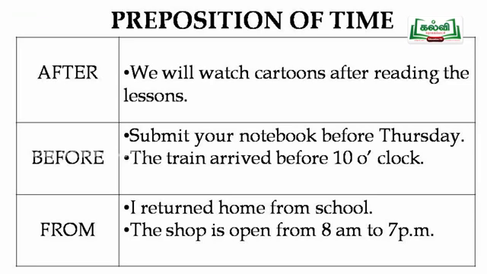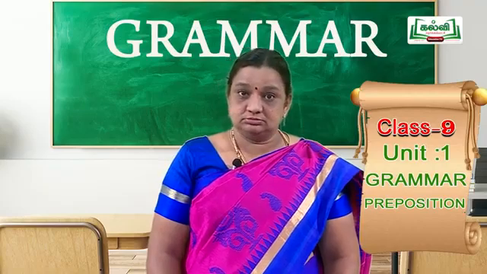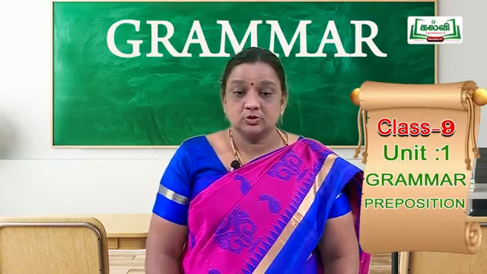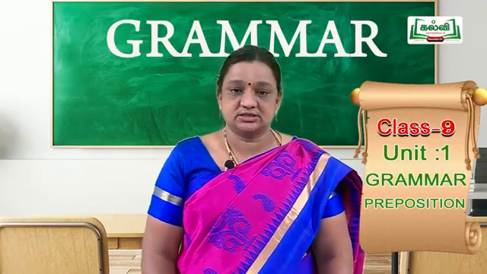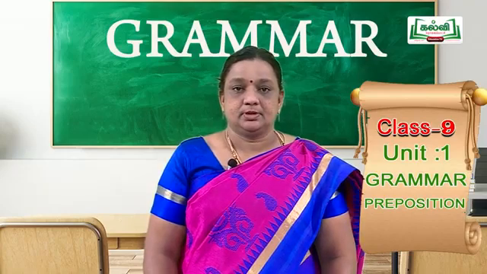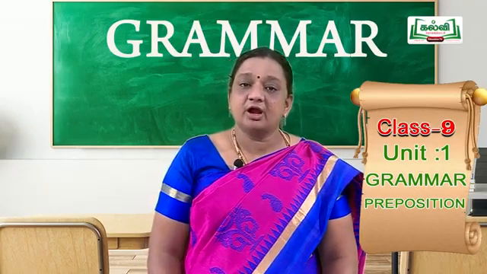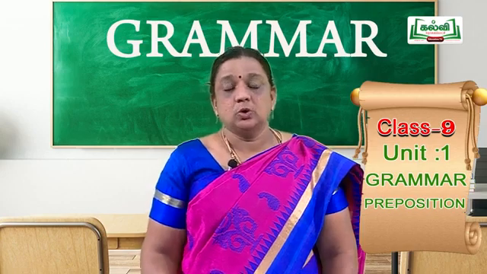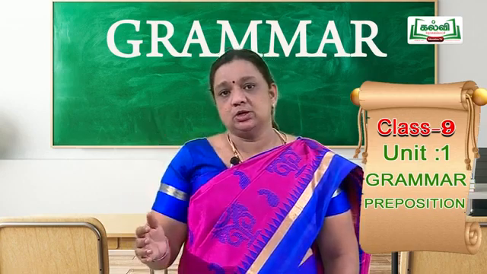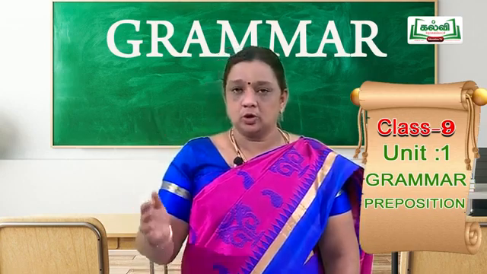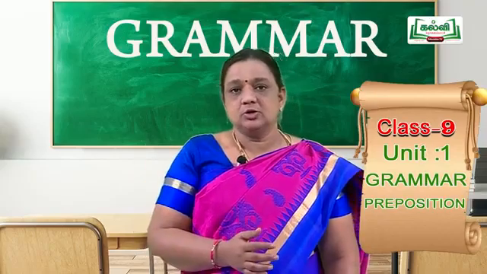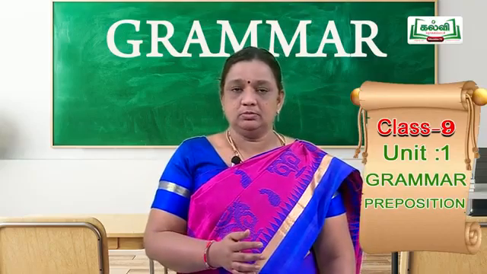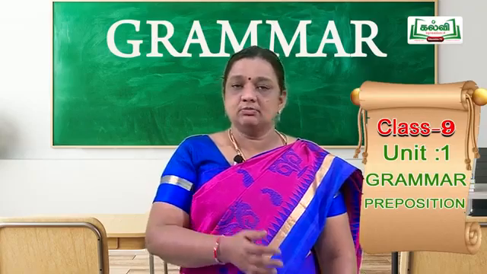"From" is a preposition we use to indicate the starting point, or from where or when we start. I returned from school. So we start from school, we walk or we travel all the way home and come home.